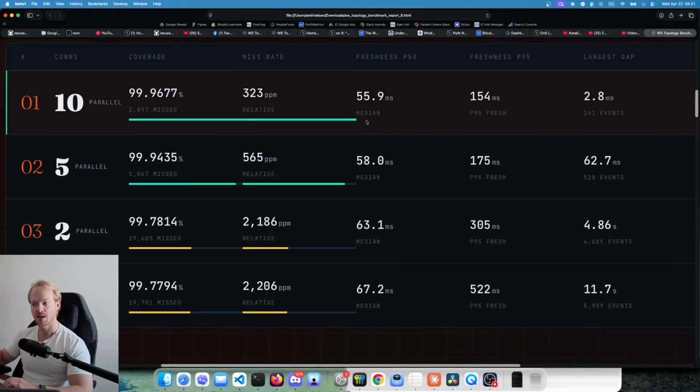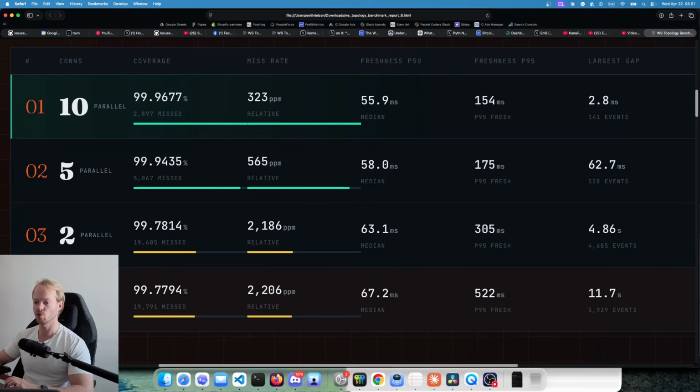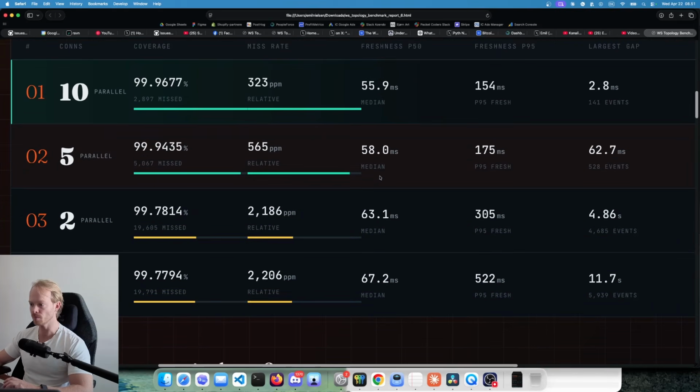Now, I've been running these tests at home, which is pretty far away from Polymarket servers in London, so obviously these numbers will be different if you run the same test. The main takeaway here is not the absolute values of the latency, but rather the difference it makes going from 1 to 2 to 5 to 10 parallel WebSocket connections.